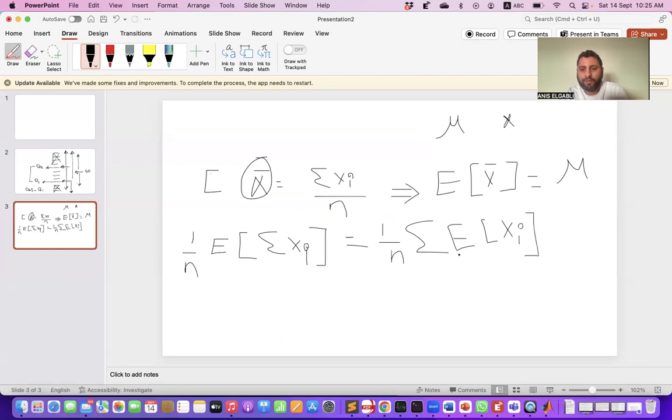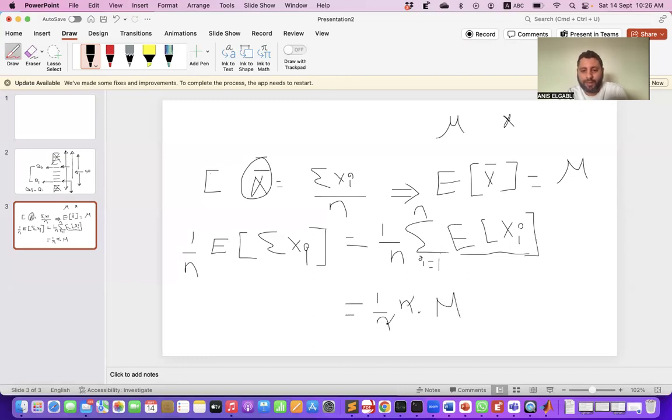And the expected value of xi is what? Now this is the sum from i equal 1 to n. That is equal to 1 over n. The expected value of xi is equal to mu. It's a constant, so it goes outside, and then the sum from i equal 1 to n gives n. So this is n times mu.